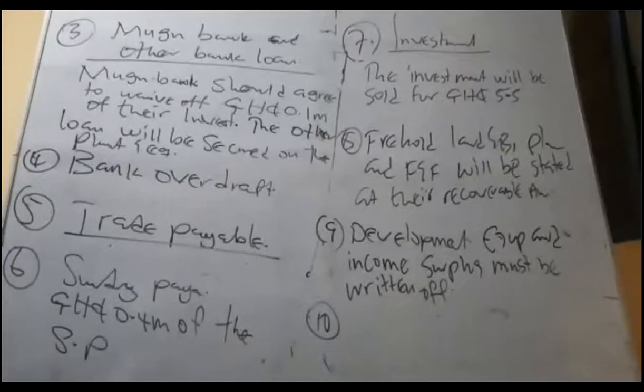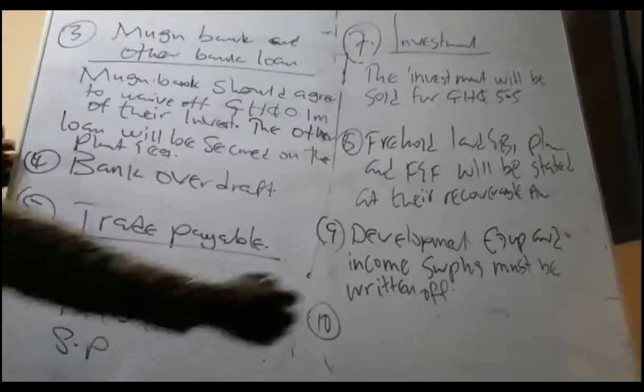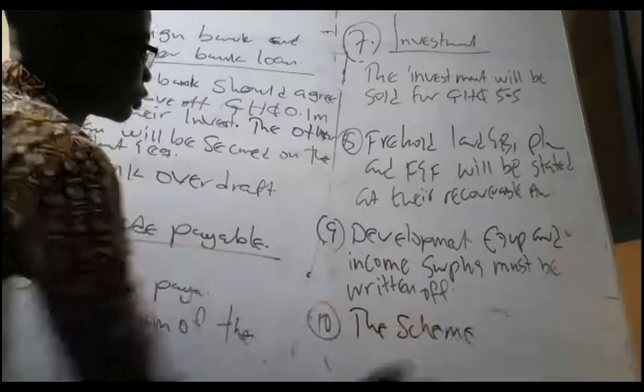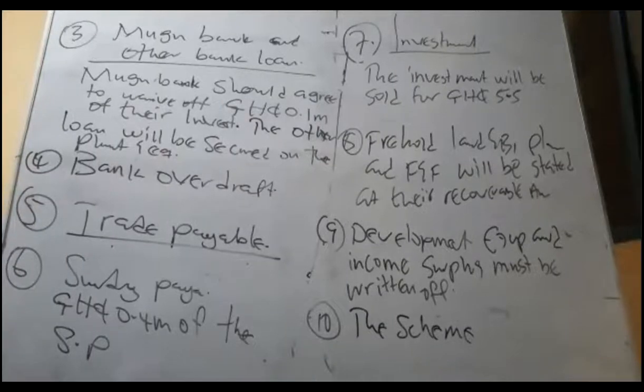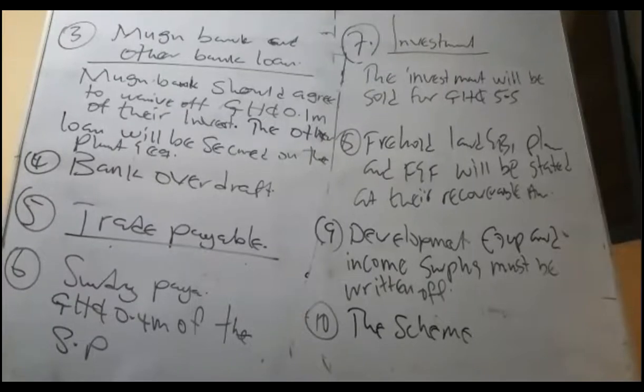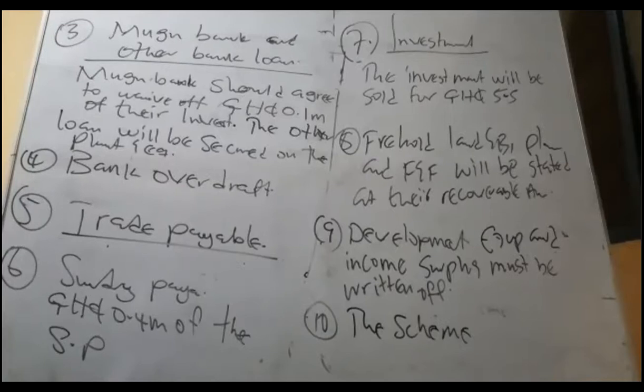So tell us that the scheme will achieve a prudent current ratio or working capital ratio of 2:1.